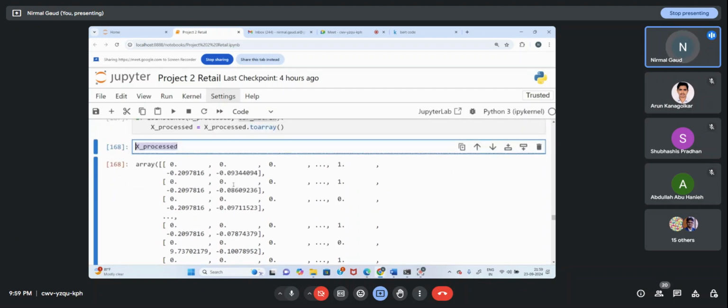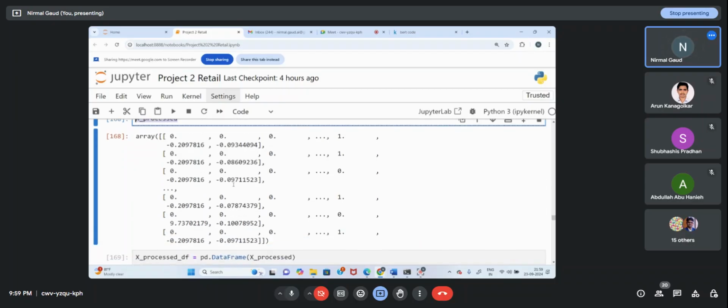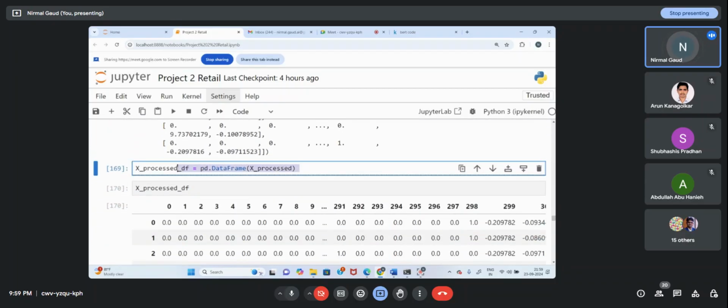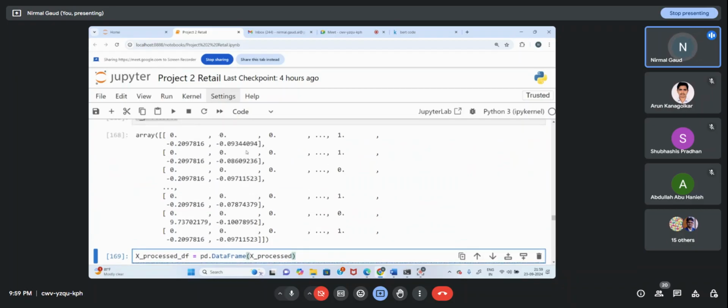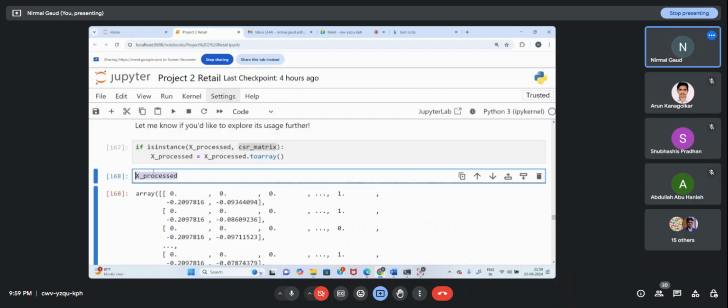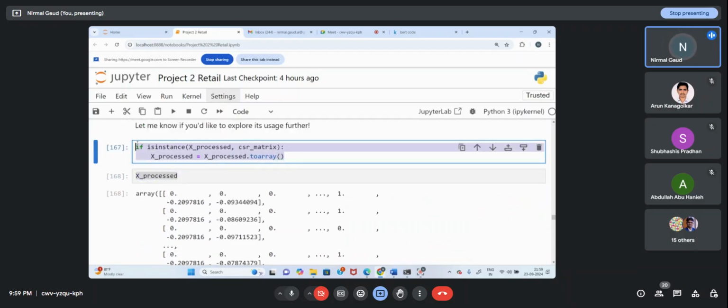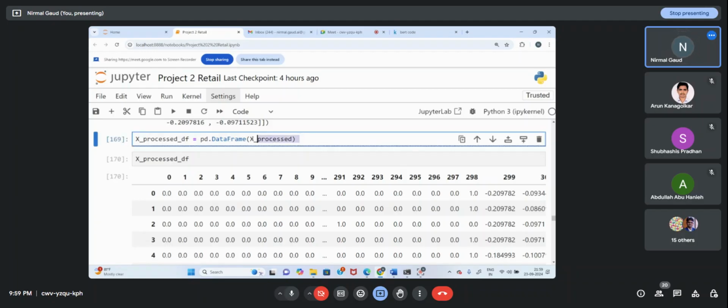That means now I'm considering the relevant values, relevant rows, which have fewer zeros. I converted it into a data frame. This is my data frame for X processed. Actually it was an array. After processing, we converted that into an array. We can create a data frame for X processed like this.